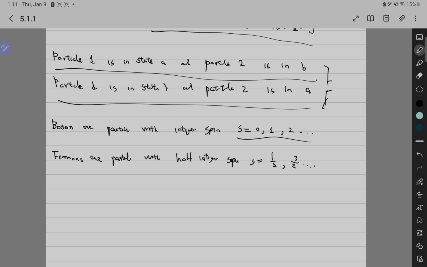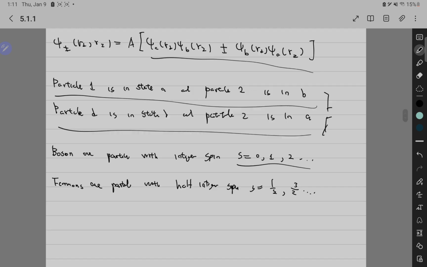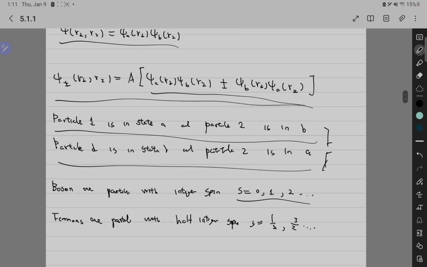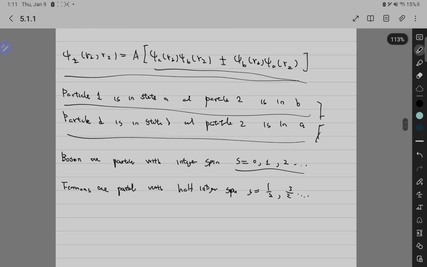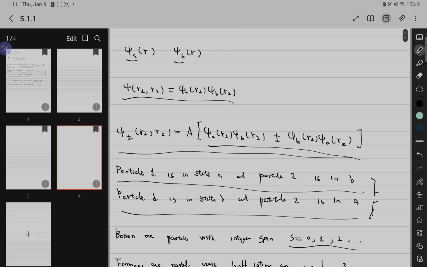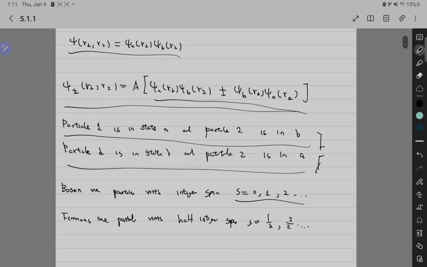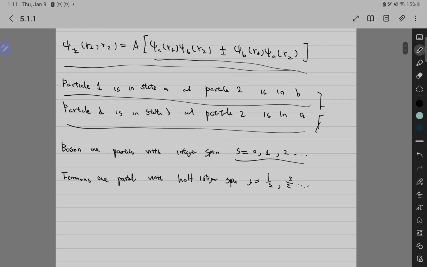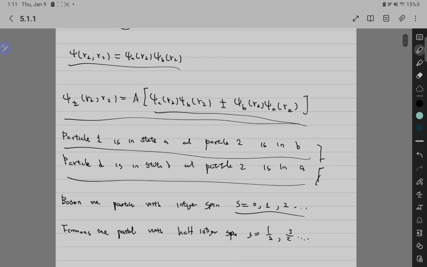And what does that have to do with the formula that we have here? Well, something very important, let me write this down, is that bosons are symmetrical under interchange. So what do I mean by that?